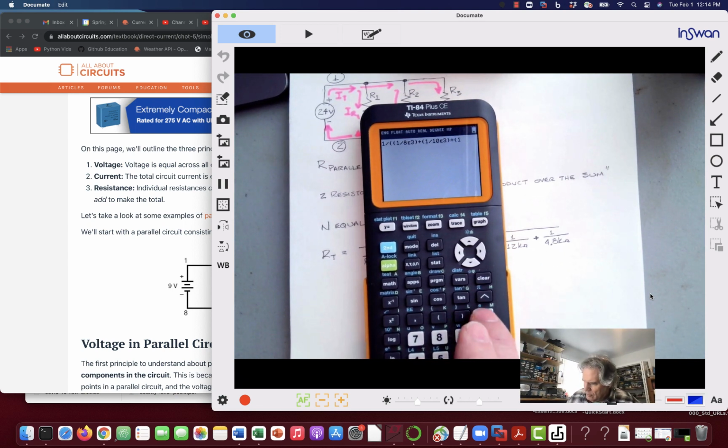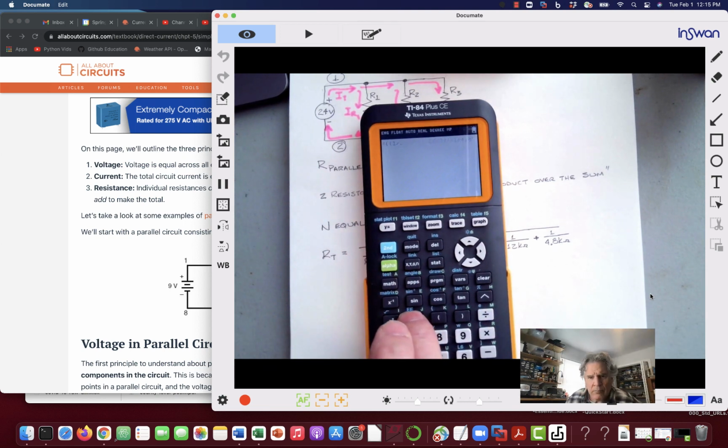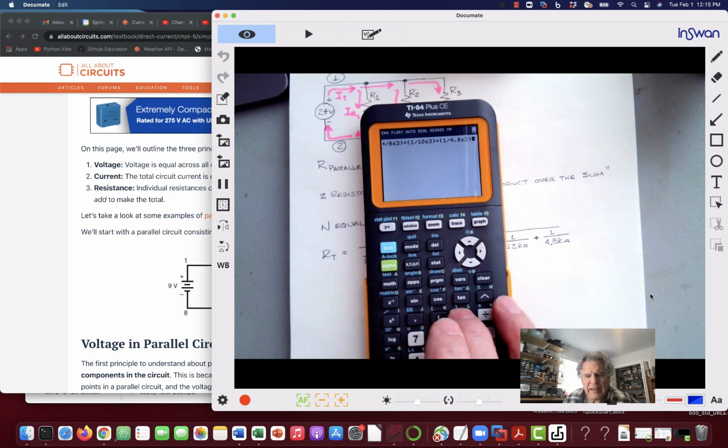So we have that, and then we say plus 1 divided by 4.8 to the third power because it's k ohms. I end those parentheses, and then I end the parentheses for the entire denominator. Okay? And then I hit enter, and I get 2.307k, which doesn't seem right to me.